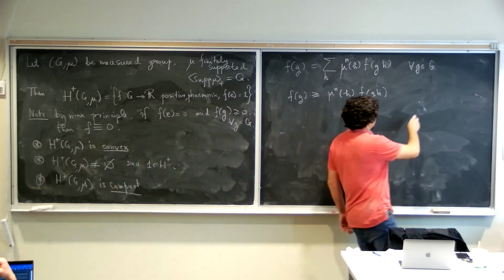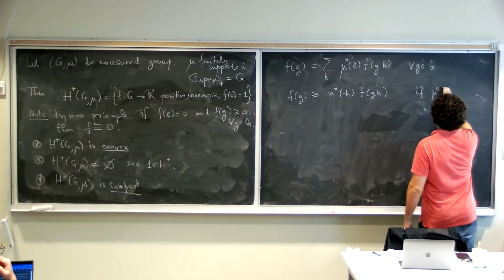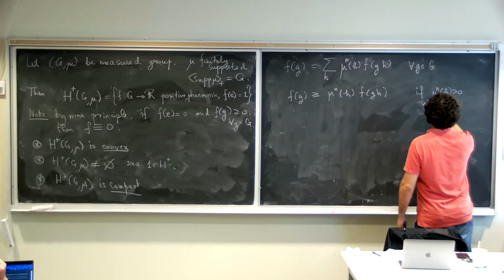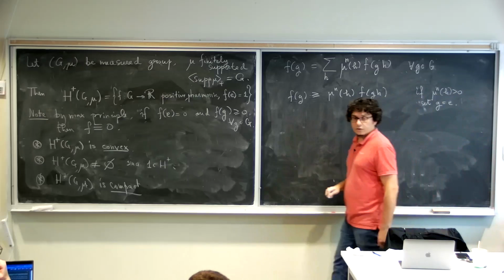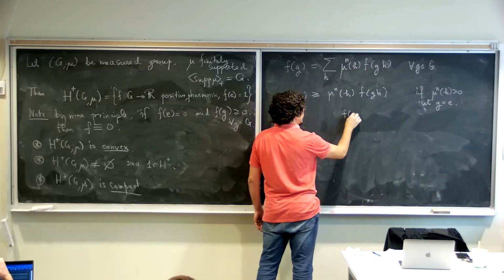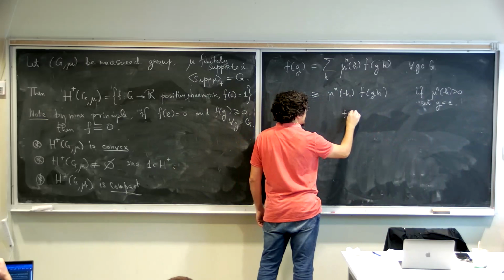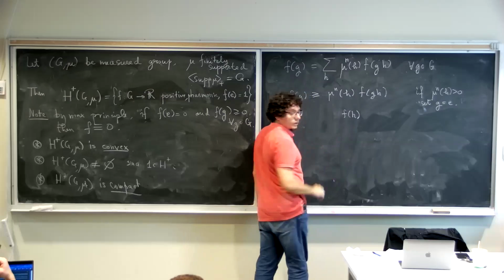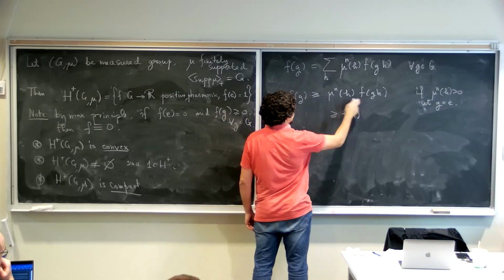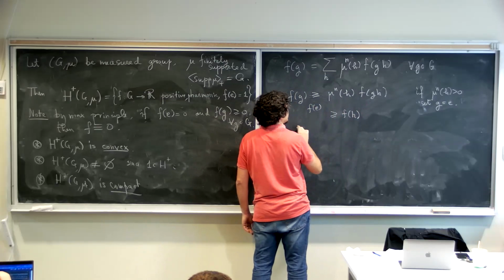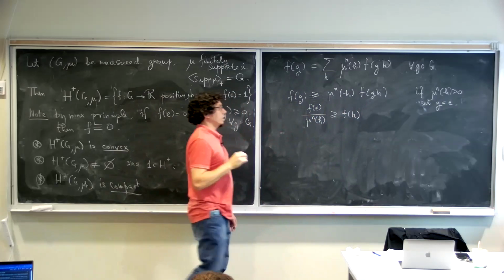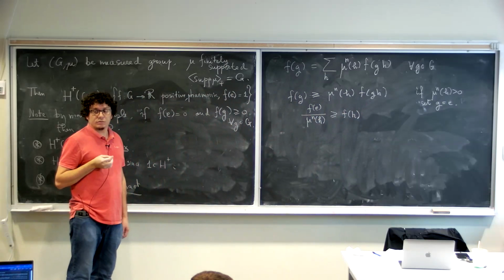And if mu n of h is positive and you set g equals e, you have that F of h is bounded above by F of e divided by mu n of h. Right?